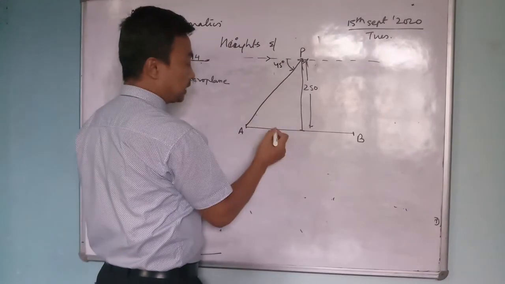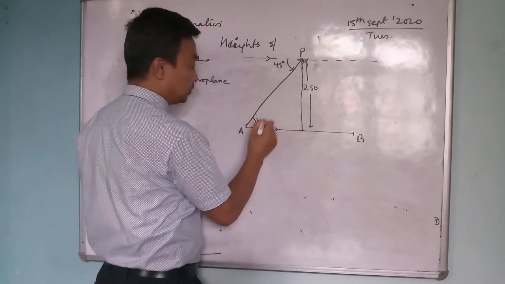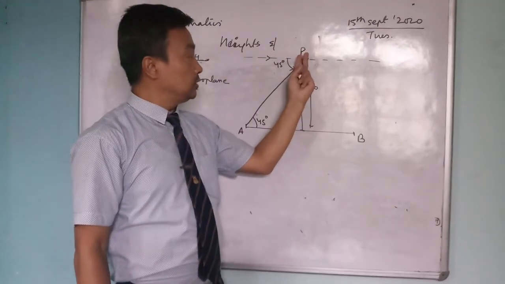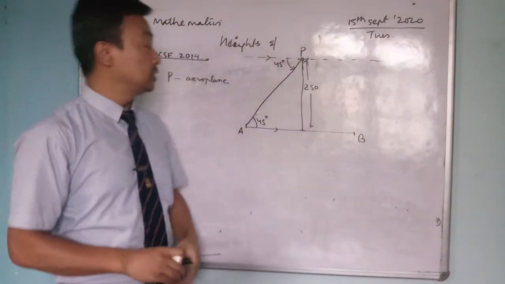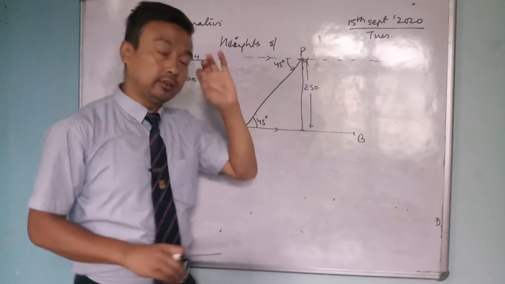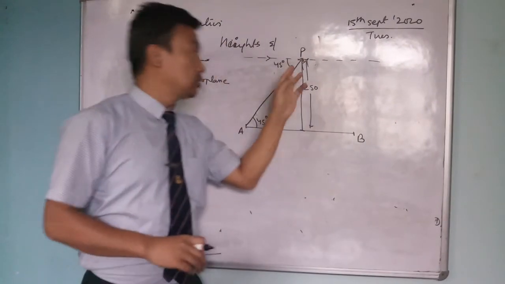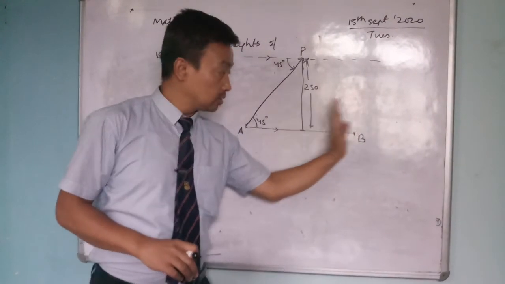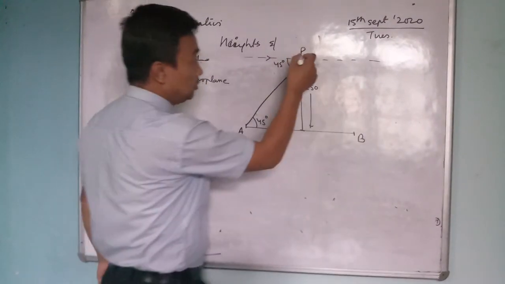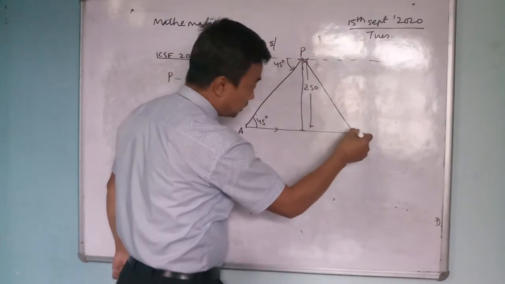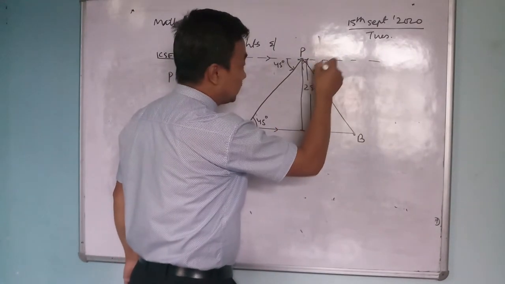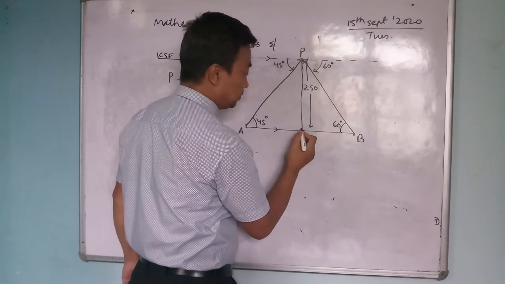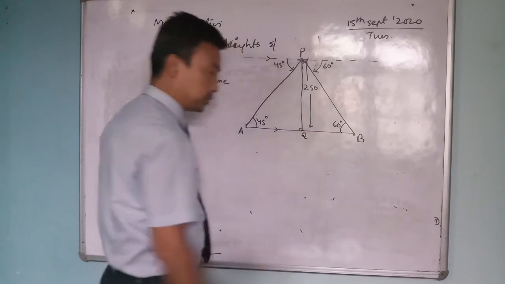Now since these two lines are parallel, this will also be 45. Now suppose the pilot inside turns that side and observes the other boat, on the other bank of the river, and he finds that the angle of depression is 60 degrees. So this will also be 60 degrees. Let this point be Q on the base.